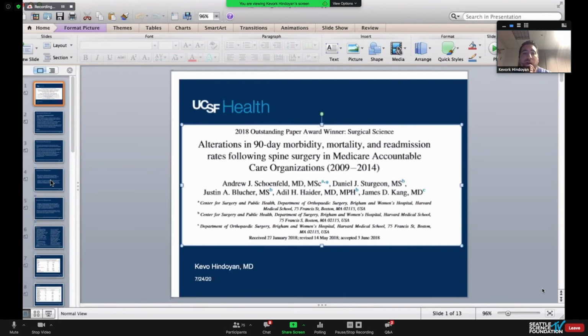So the impact of these ACOs on quality and outcomes such as morbidity, mortality, and readmissions has not been substantially investigated following surgery.